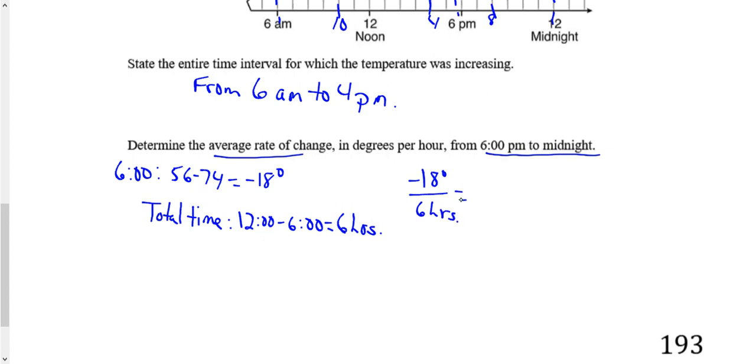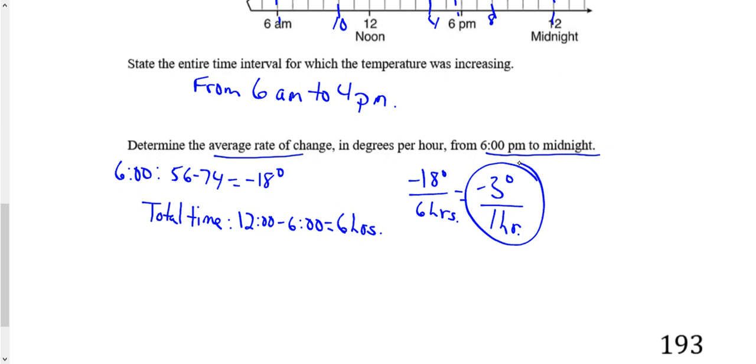And they want per hour. So what is that? Negative 18 divided by 6. You better not touch your calculator. No, don't. Come on, man. Negative 3 degrees per hour. The average rate of change.